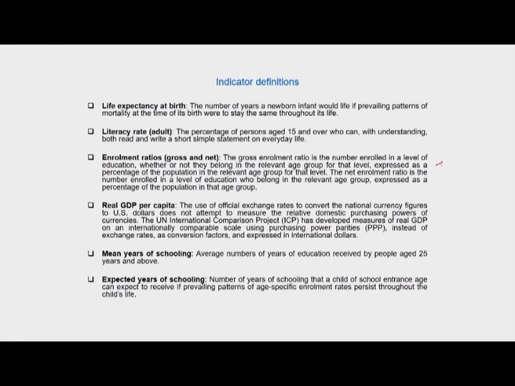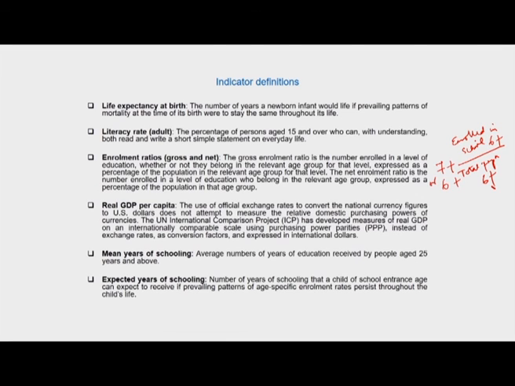So, to give you an example, if in India the age of children who should get enrolled in school is 6 and above, then the gross enrollment ratio will include all those children enrolled in school who are 6 and above divided by the total population 6 and above.